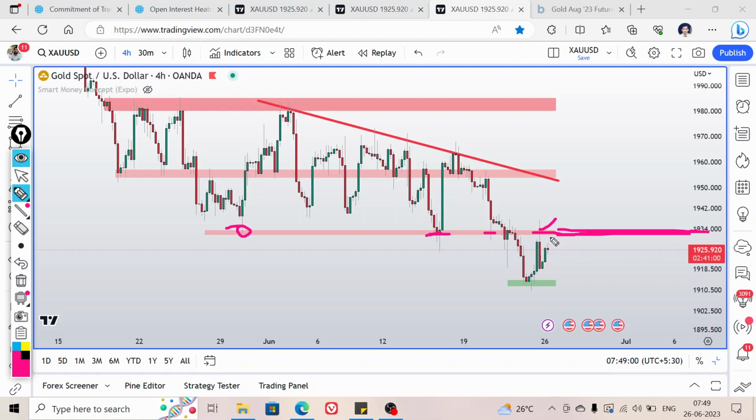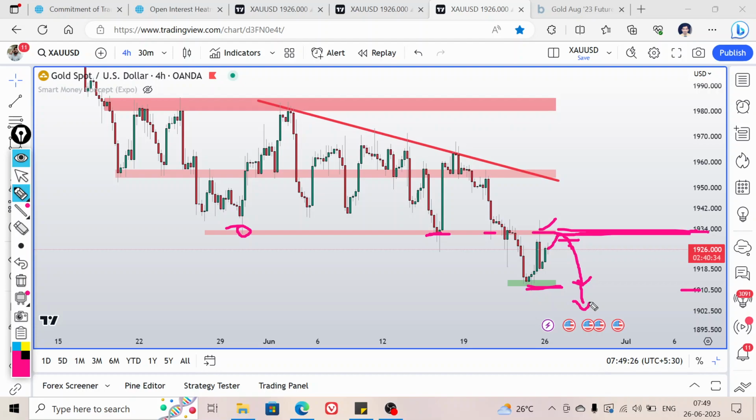So this is the important resistance level that we have to look for at the intraday level, because if price is able to test and then reject, then we can look for sell opportunities toward the lower level. The only support in the lower price range is the recent rejection over at 1910.